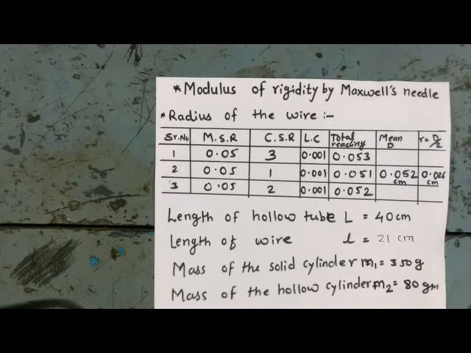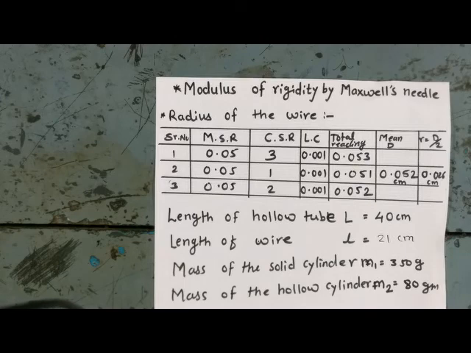Taking the 3 readings, we calculate the mean diameter, 0.052 centimeter. Then radius equals d by 2, calculating 0.026 centimeter as the radius of the wire.